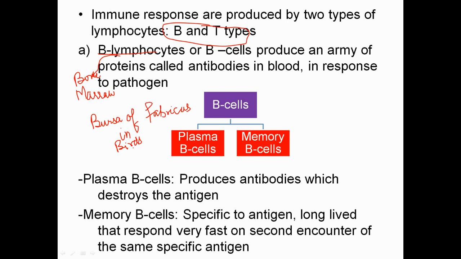In humans, of course, it is correlated with the bone marrow, because bone marrow is the actual site of production of B lymphocytes. They are the cells which are responsible for releasing antibodies, or the bullets, against the robbers, or against the antigen. So these cells are vital for our immune system.